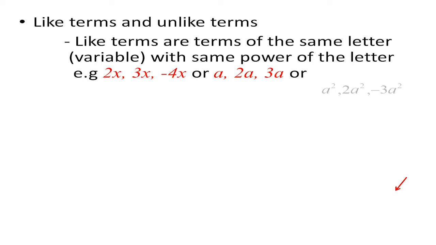Likewise, a squared, 2a squared, minus 3a squared, or a to the power of 2, 2a to the power of 2, negative 3a to the power of 2. They have the same letter and the same power. So those are some examples of like terms.